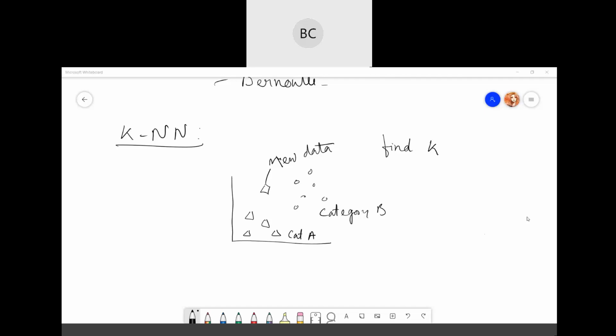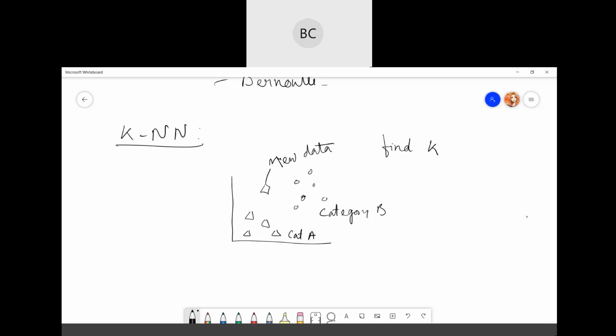Then you will calculate which are the nearest with the help of Euclidean distance. It's not like you are directly calculating the distance first. So you just take the K number of neighbors.